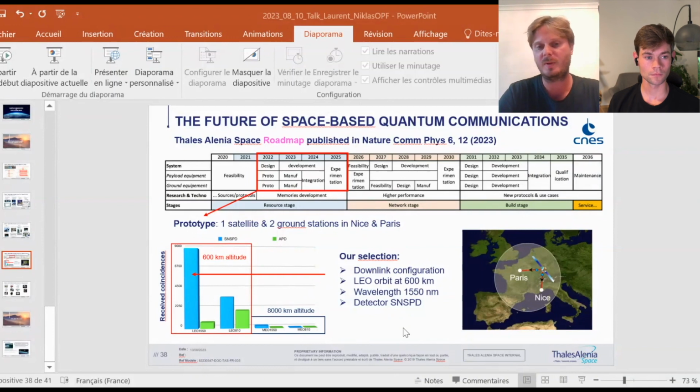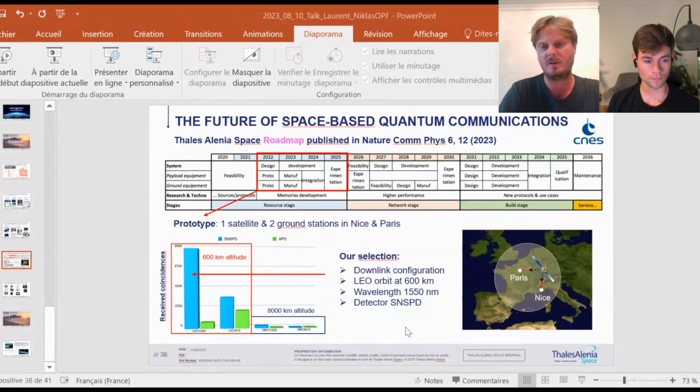So if you think about SNSPD detectors, superconducting single photon detectors, you have to cool down the detectors to 4 Kelvin.